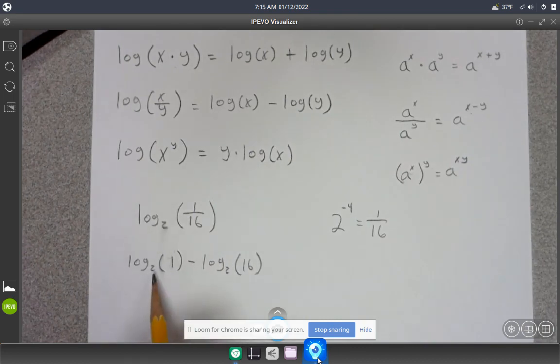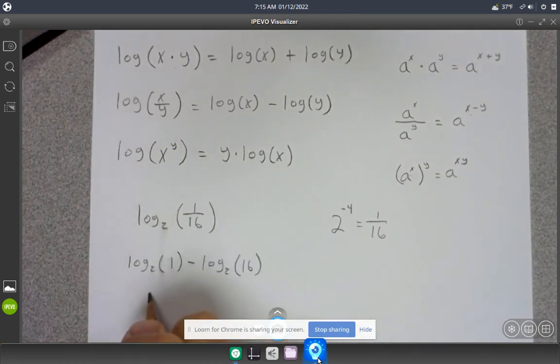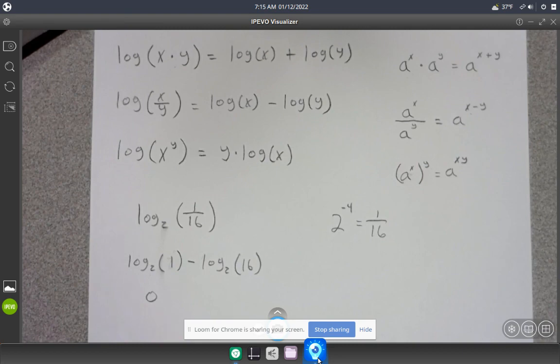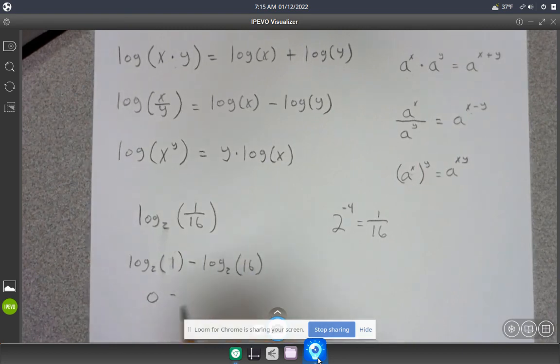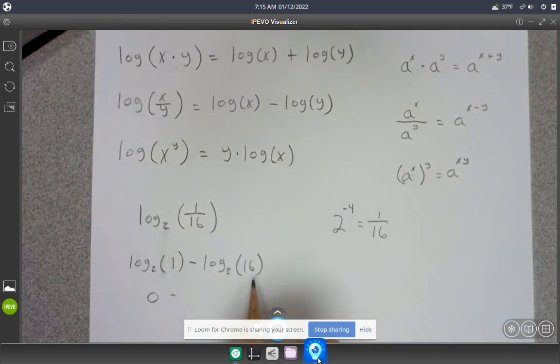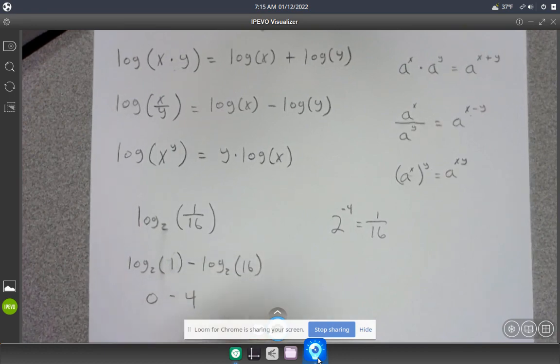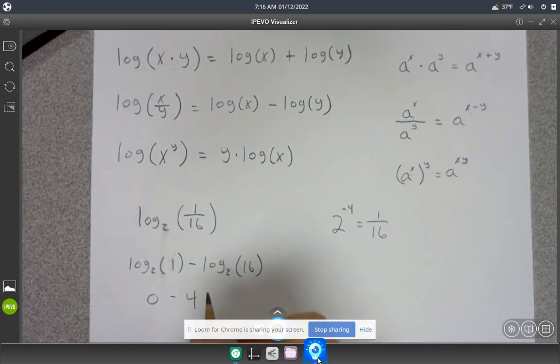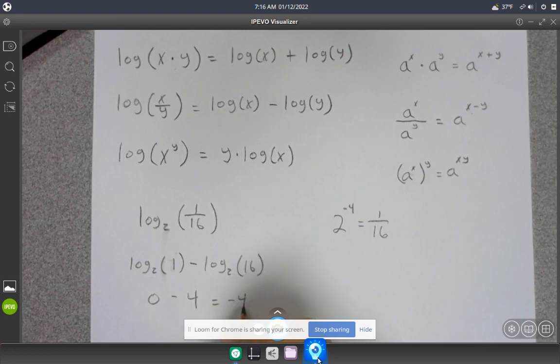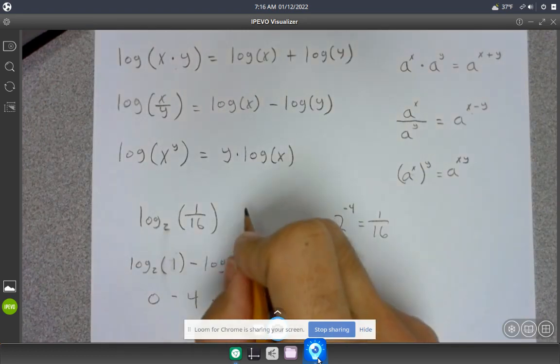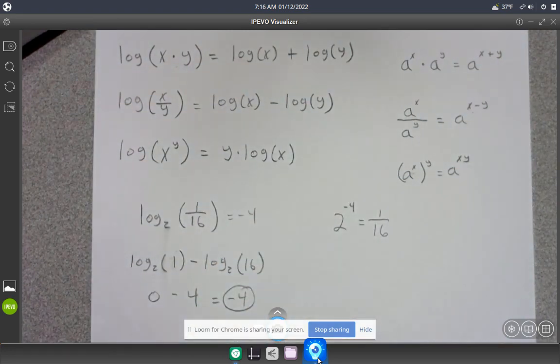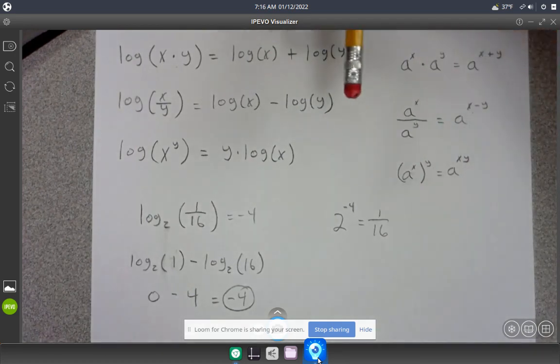And then log base 2 of 1, that's just equal to 0, because 2 to the 0 gives you 1. Minus, and then log base 2 of 16, that's equal to 4, because 2 to the 4th gives you 16. And you see when you subtract them, you get -4. So you can use it to sometimes simplify evaluating logarithms. It can be useful in that scenario.